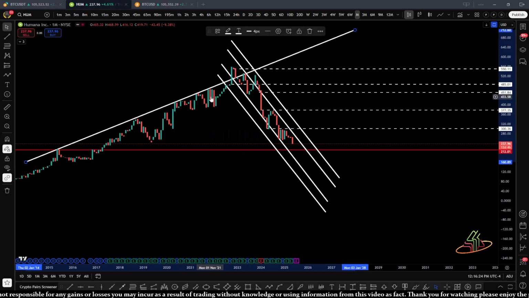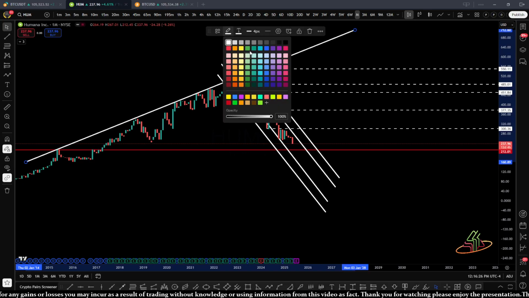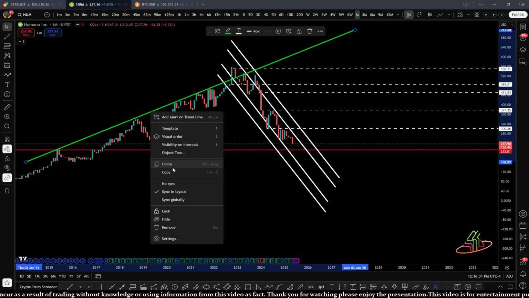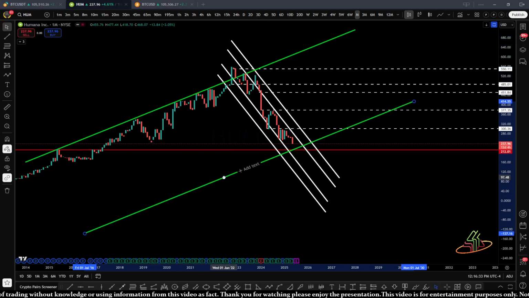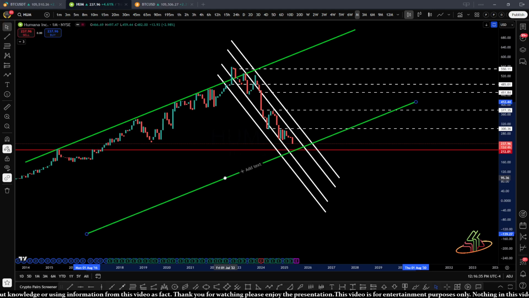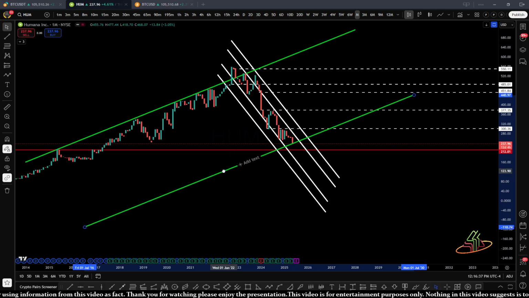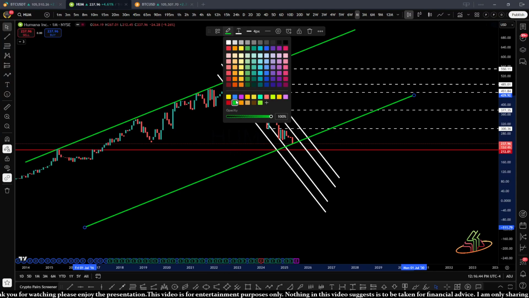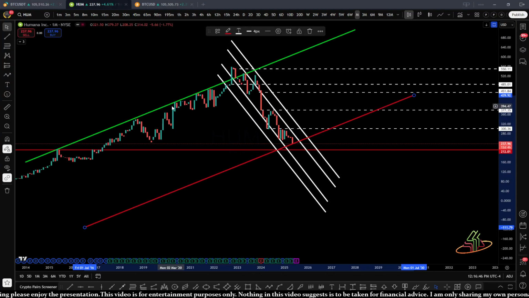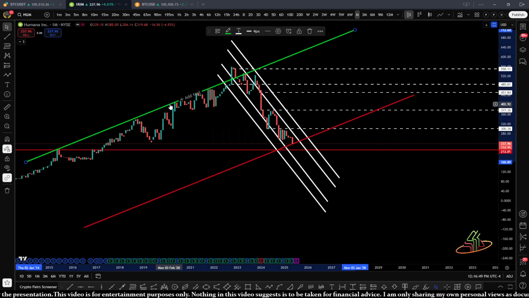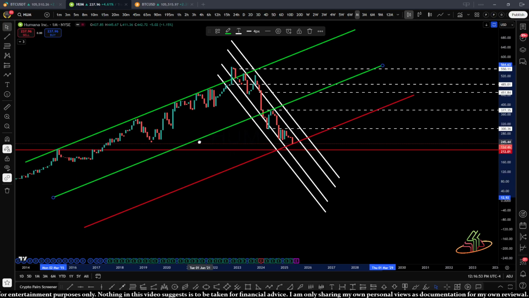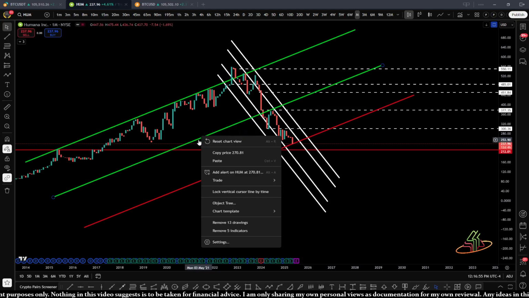So we got that. We're going to turn this one green, clone this, bring it all the way down here to the bottom. Well, we'll stop there on the close bar. Turn that red. Then I want the green one to the middle. It's roughly in the middle, and we'll turn that blue.